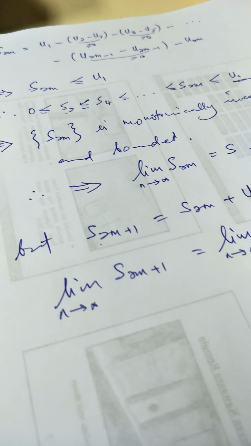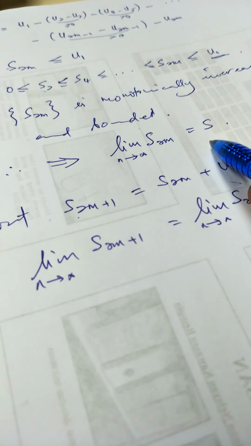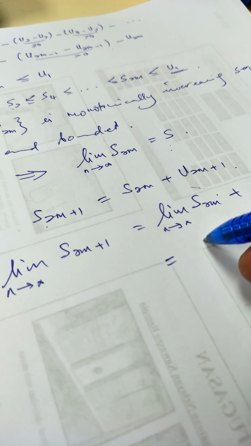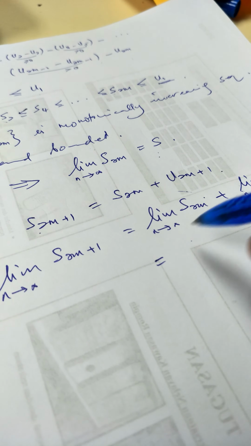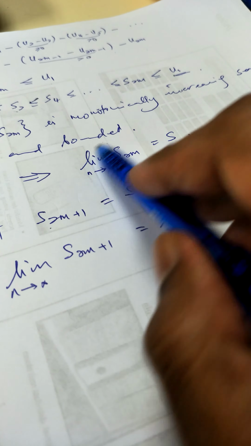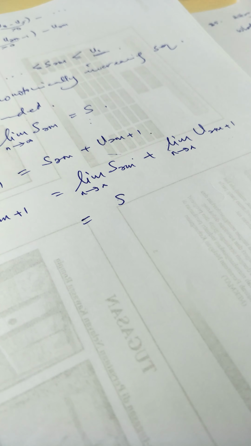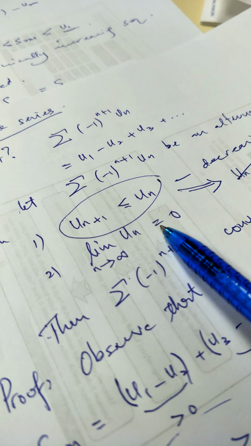From here we have the limit of S_{2m}, as shown previously, because S_{2m} is monotonically increasing and bounded, so the limit exists. This limit we call S here. And the limit of U_n is given in the theorem. That limit is 0.